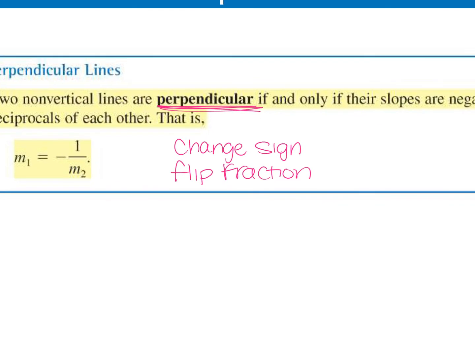So make note of that. For perpendicular lines, you are taking the opposite sign and the reciprocal, or you're changing the sign of your original slope and then flipping it. Remember, if you are taking the reciprocal of a whole number, it becomes 1 over whatever that whole number is.